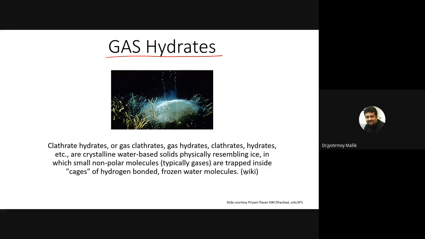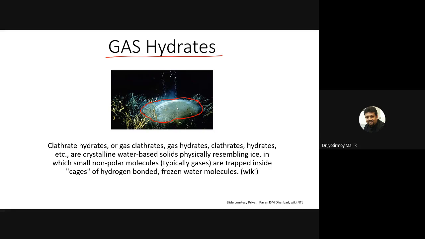So, in a sense, deep within the ocean, there are chunks of ice, nothing but normal ice, and that ice actually traps a lot of hydrocarbon in gaseous form, which forms deep within the ocean floor.